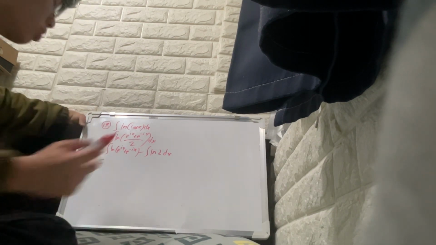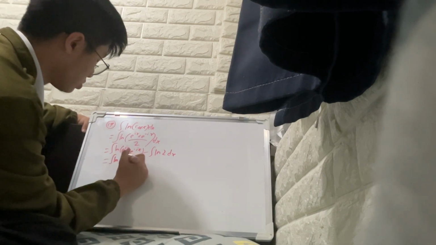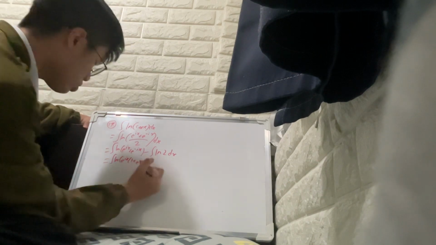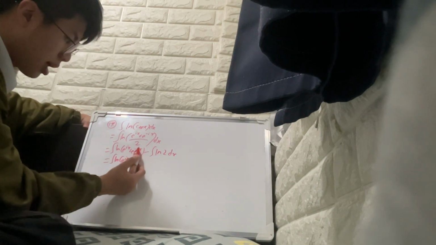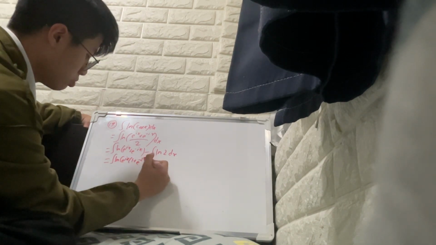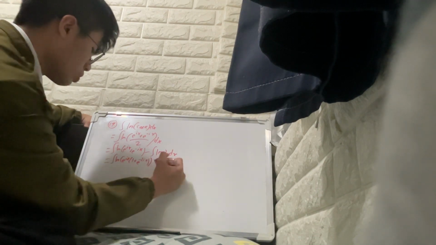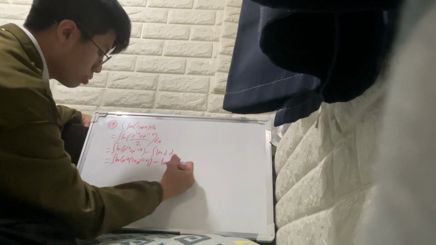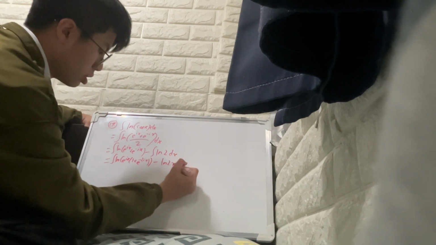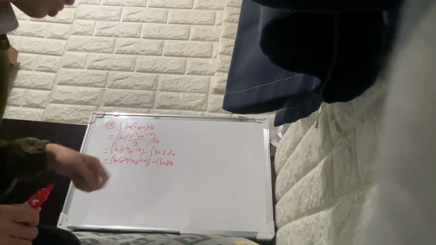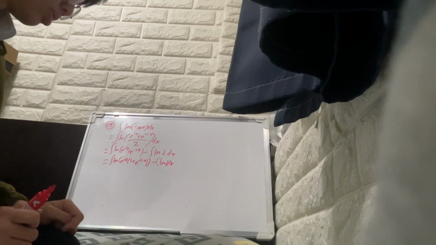Just i over 2 x squared. So let me just factor out the e to the ix here, and then plus 1 to the power of, how can we get negative ix here? Just minus 2ix, right? You will get that. And minus this, you will get ln 2, put this as a constant and put an x. Be sure you need parentheses here, because this is not equal to ln 2x. This is ln 2 times x.